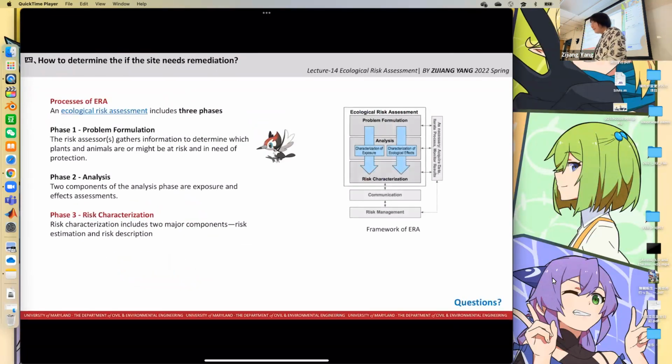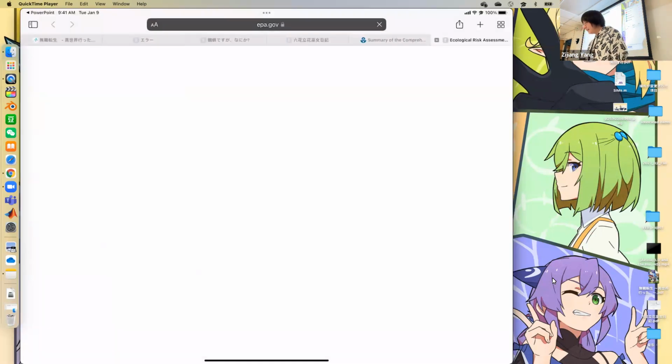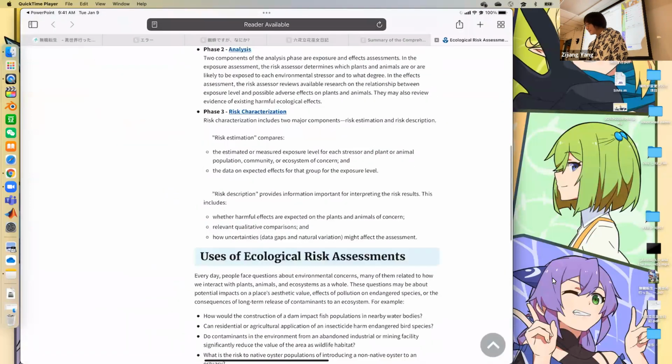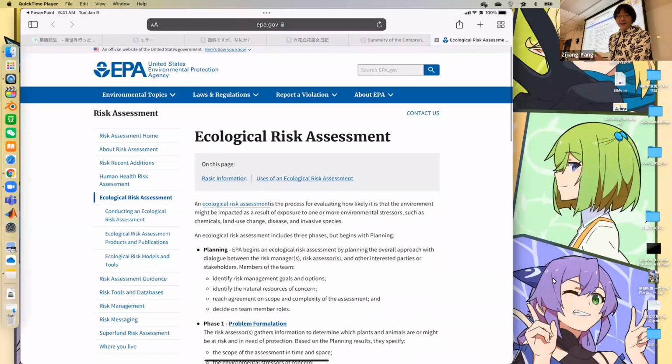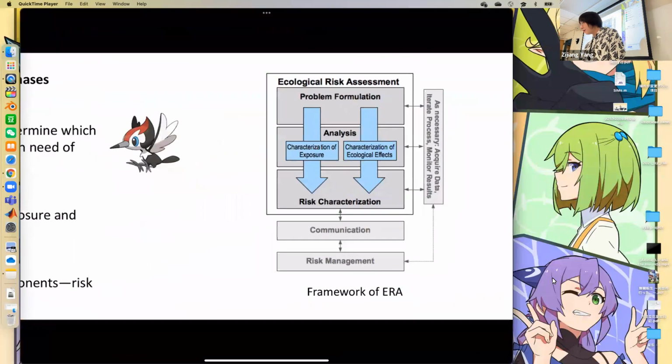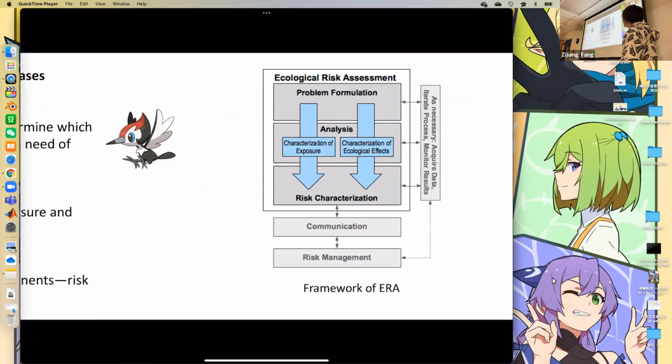For ecological risk assessment, EPA also has a website introducing these processes. If you are interested, you can look at this website. Here is the framework of the ecological risk assessment. Basically it has 3 phases.